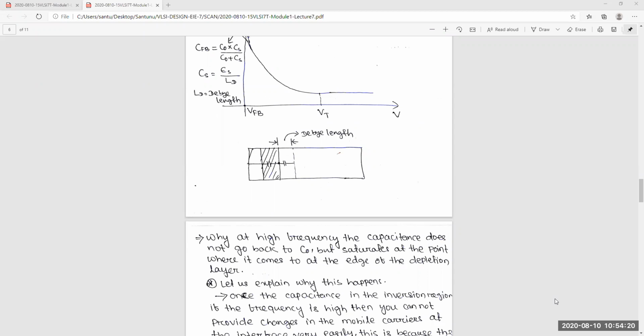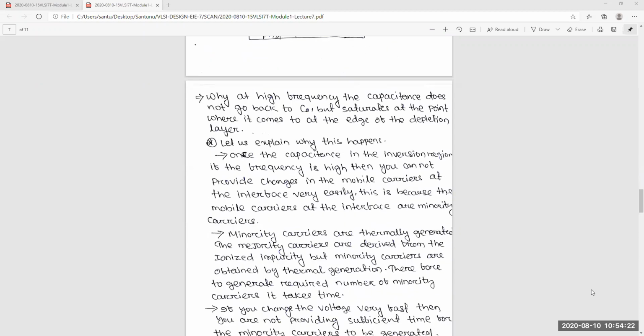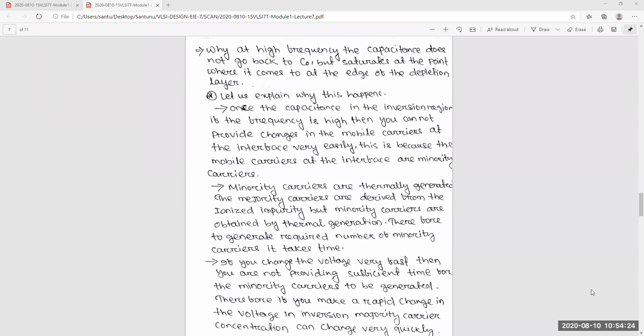So this explanation I have given here. For the capacitance in the inversion region, if the frequency is high, then you cannot change the mobile carriers at the interface very easily. This is because the mobile carriers at the interface are minority carriers. Minority carriers are thermally generated.